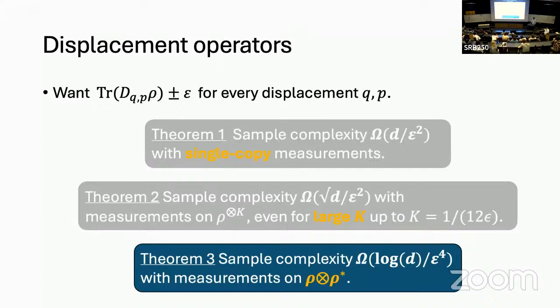Thanks for the nice talk. In this slide, maybe I missed something, but do you study the regime where D is big, but you have a smaller number of observables? So I'm saying I want all of them, so there's D squared many. But can you get the number of observables, or is it just D squared?